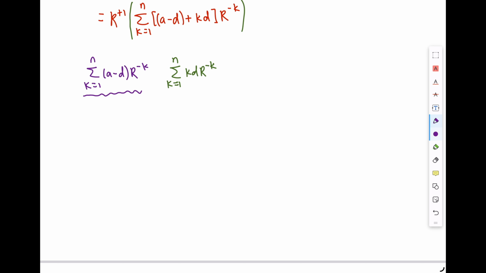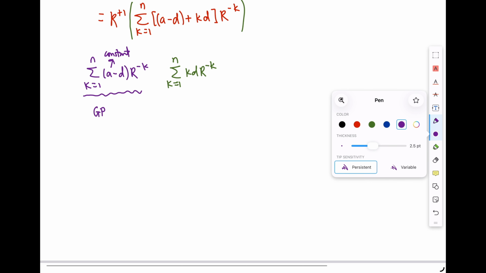Because A minus D is a constant, R is also a constant, so what is changing is k. So when k equals 1 it is R to the power negative 1, then R to the power negative 2, R to the power negative 3, so you can see that this is a GP. So this is easy to actually settle.